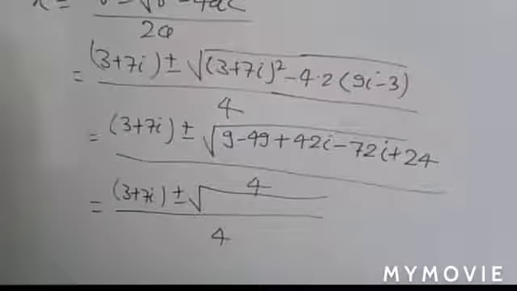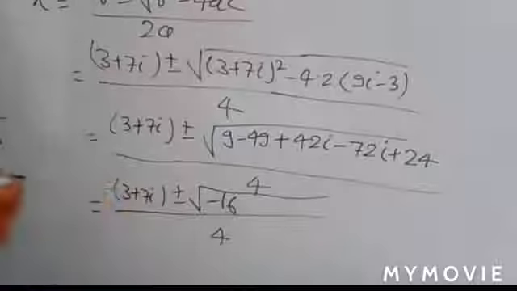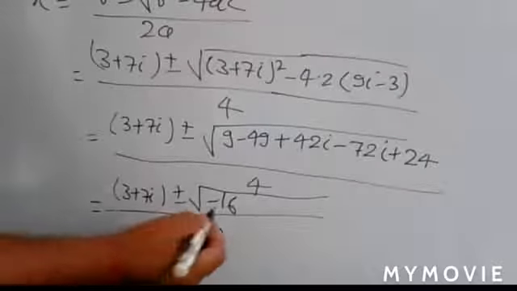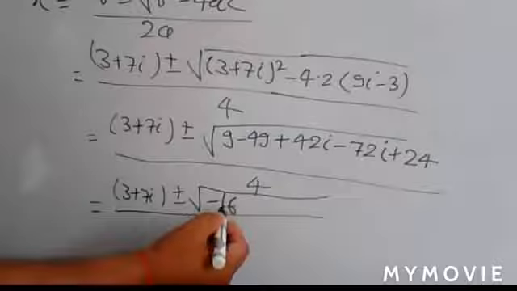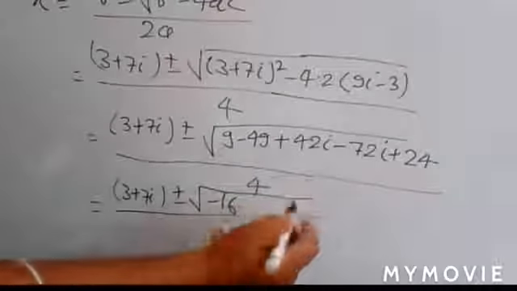Minus 40 and 24. Is the answer 3 by 2 plus 1 by 2i or 3i? Yes, absolutely correct. So here you have minus 16 within root, and just solve it for i.